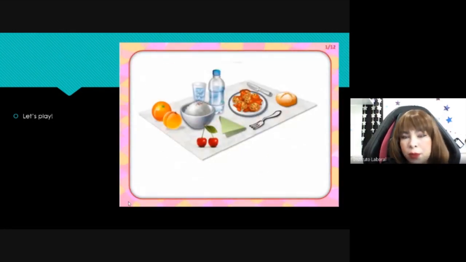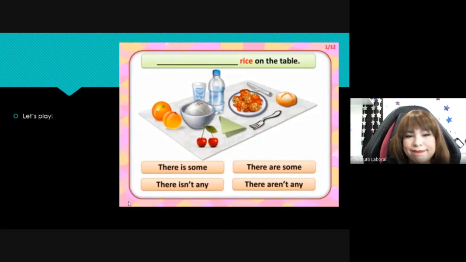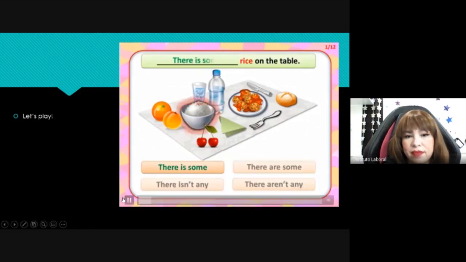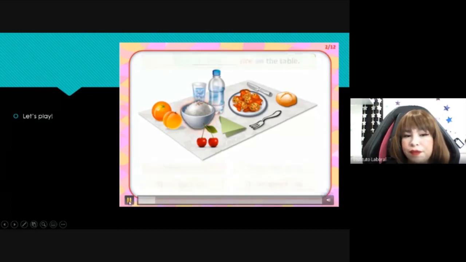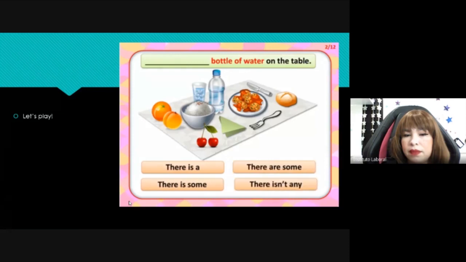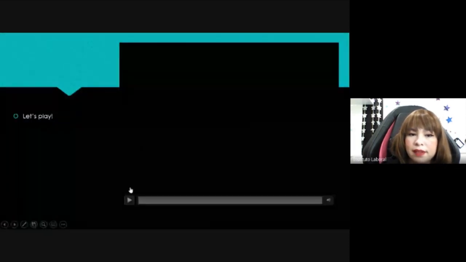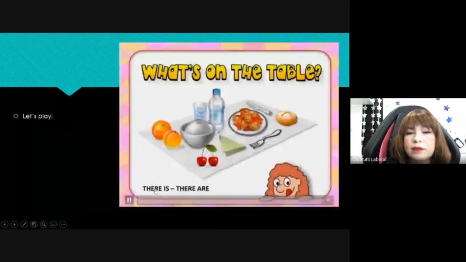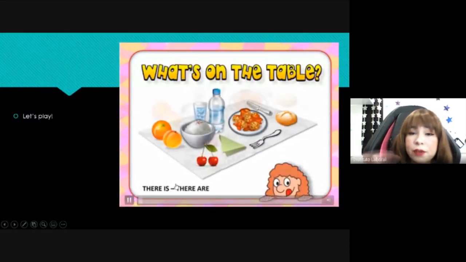What's on the table? There is some rice on the table. Rice. You have here 4 options. I will play and pause the video. You have a few seconds.